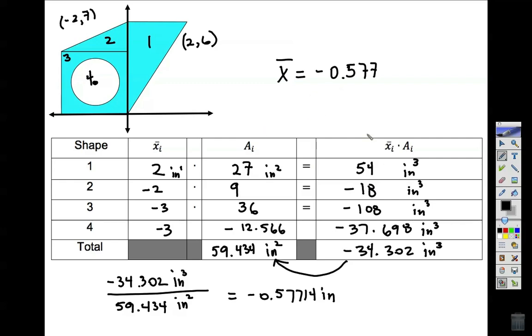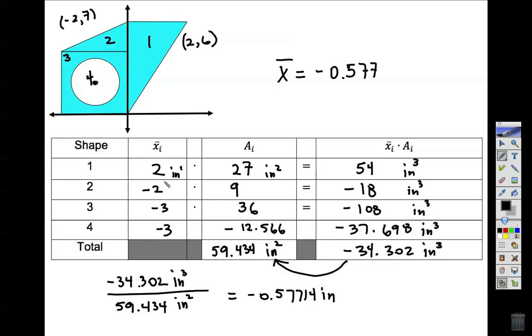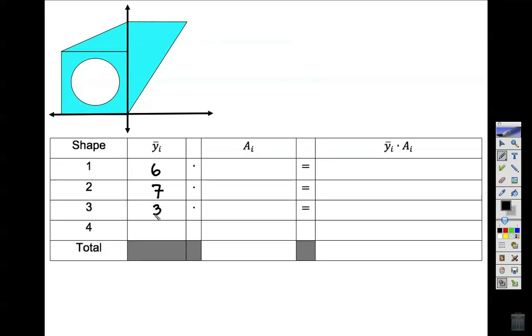Step 9 would be to repeat all this again, but instead of using x, we're using y's. So the y to this was 6. The y to this one is 7, right? 6, 7, and then these were positive 3, since everything's on the positive side of the x-axis.